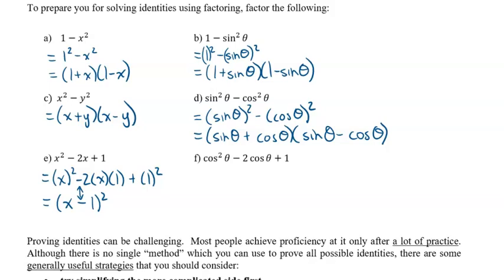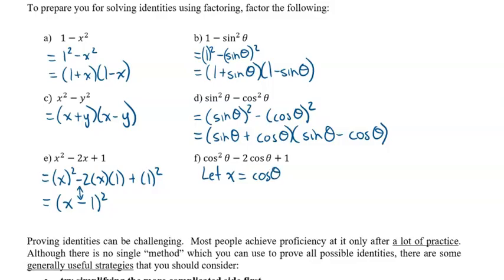It's a perfect square. Well, what do we get if we have cos squared theta minus 2 cos theta plus 1? Well, notice that the cos theta is like x. Same thing. And if you see that right away, you could totally go ahead and solve that directly. But if you don't see it right away, what you could do is this. You could say let x equal cos theta.